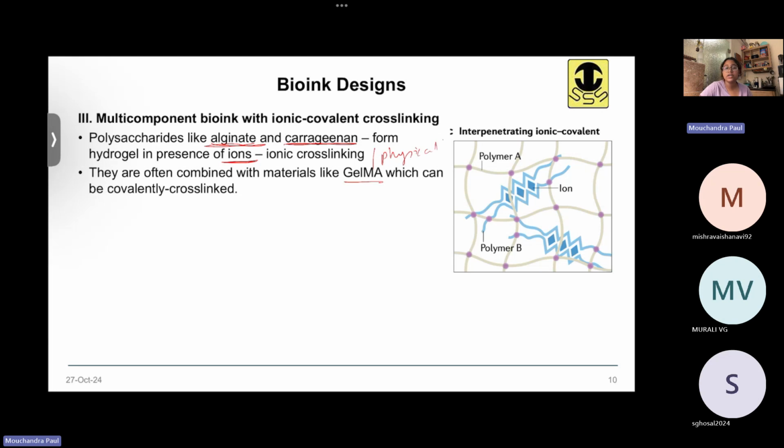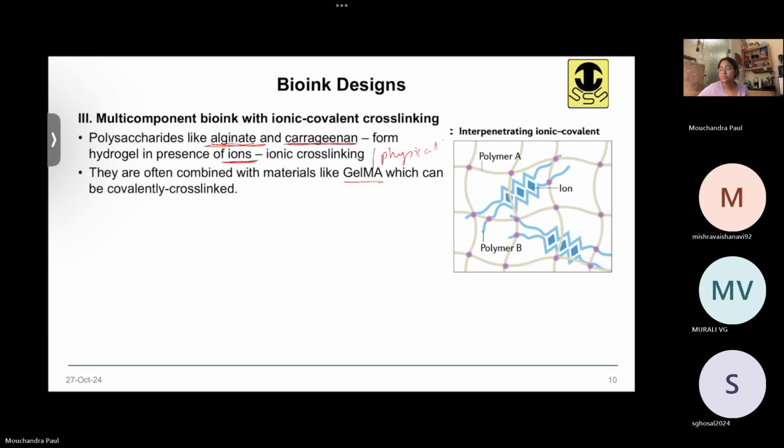So if you use a chelating agent like EDTA to remove those ions, then the cross-linked structure will be distorted. But it's good. You can first do the ionic cross-linking, and then to make the structure more permanent, you can use chemical cross-linking in the presence of light, if you have mixed with GelMA. That again gives you a more stable structure, and it will make your bioink printable.